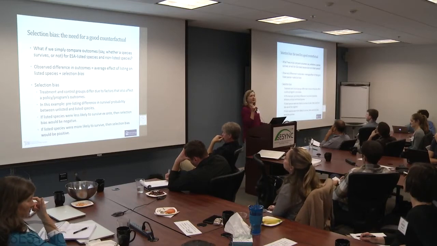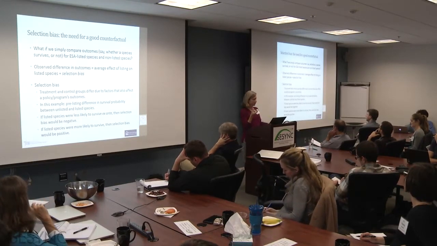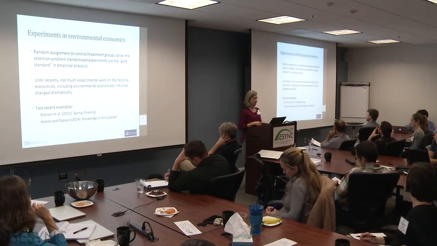Okay, so in this case, any kind of pre-listing difference in species survival probability between the control and treatment groups is going to mess up my estimates if I just run a regression that regresses survival probability on whether you're listed or not. So that problem of selection is really the fundamental problem that we're trying to deal with when we're trying to construct some kind of experimental design or quasi-experimental design using observational data.